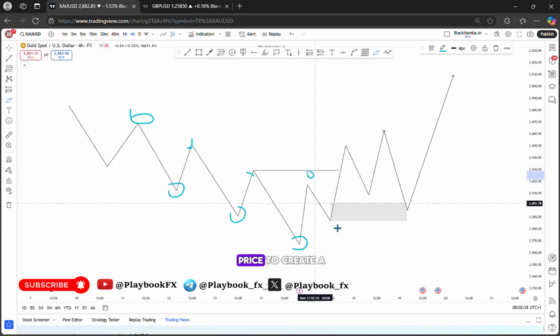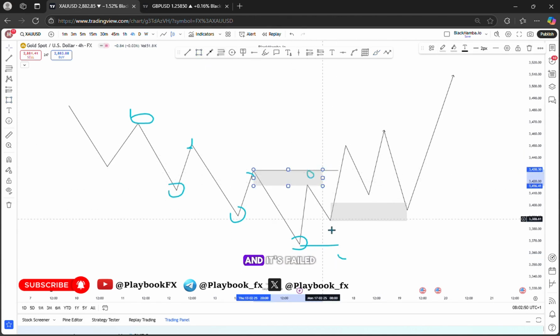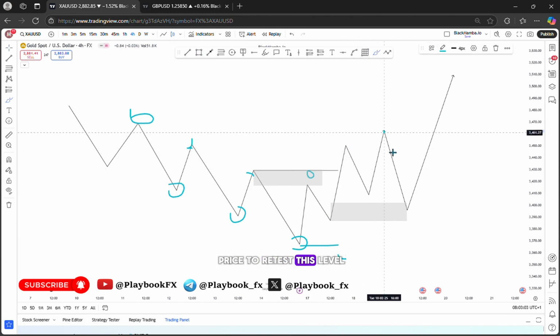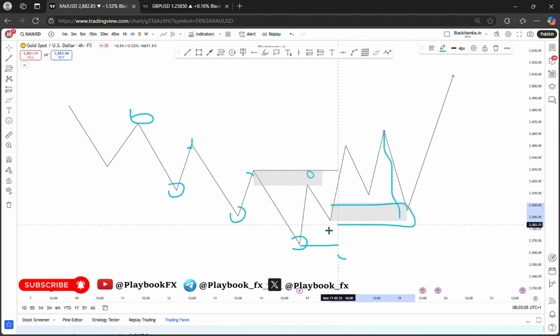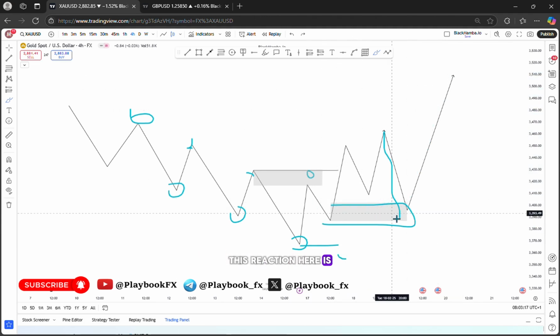We'll be expecting price to create a new low, take out this low, give us a new low to continue to push to the downside, but instead price only reacted to this supply level and it failed. Now when supply fails, demand will take control from there, and we'll be expecting price to retest this level and continue pushing to the upside. This reaction here is the flip zone level.